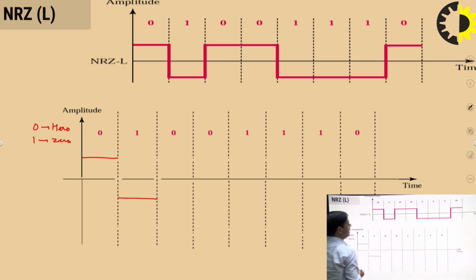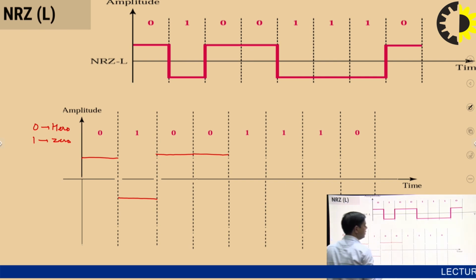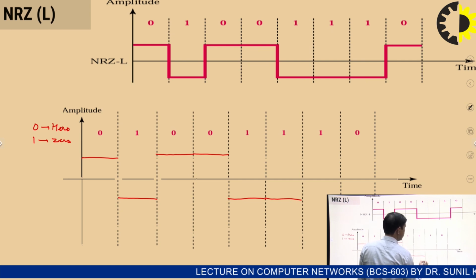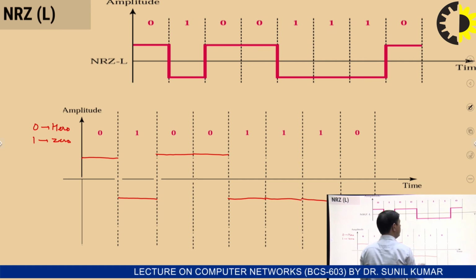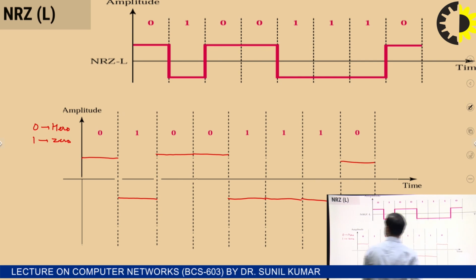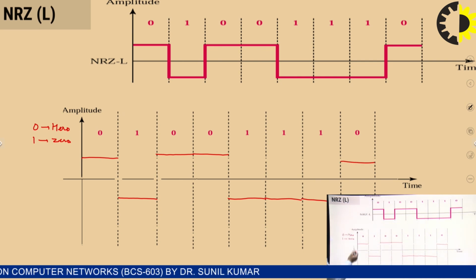Again, that is 0, because we are treating as a hero, then again 0. For 1, it will be below the baseline. For 1, that is also below the baseline, same. And for 0, we are treating as a hero. That means 0 will be above the baseline and 1 will be below the baseline.